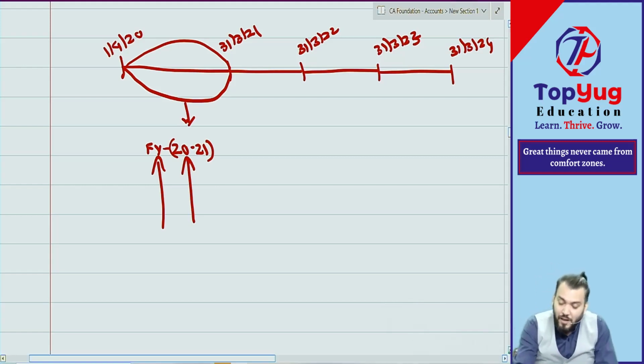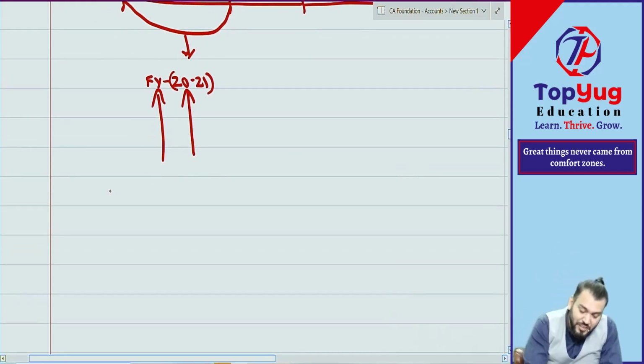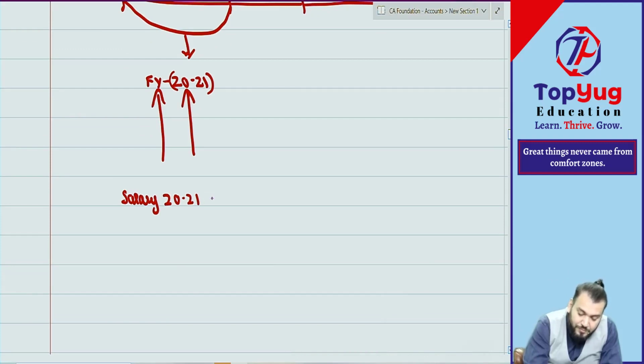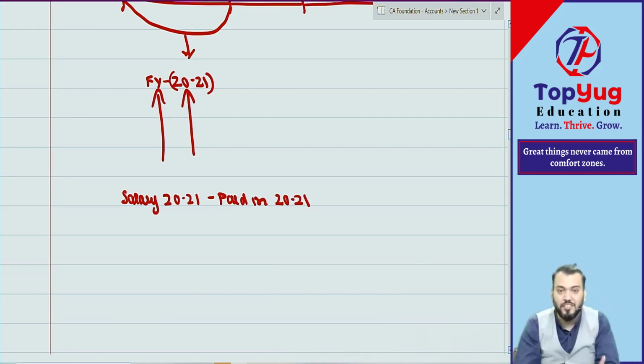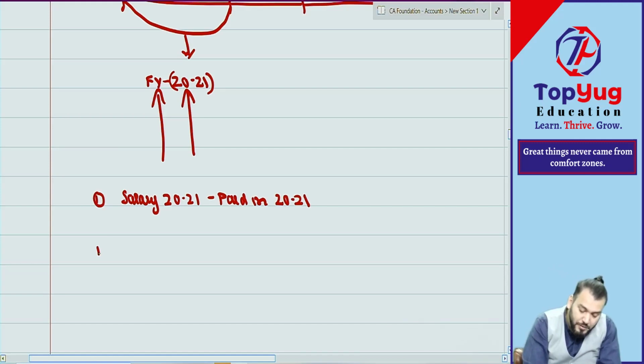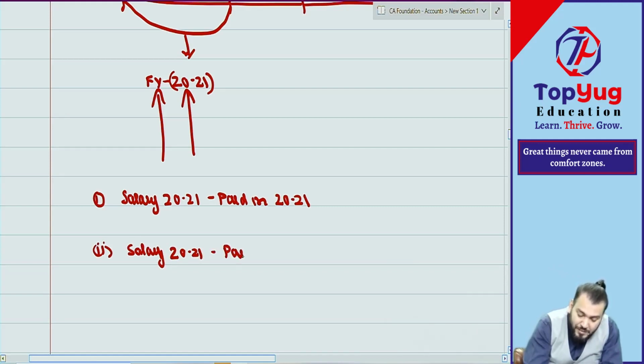Correct? Now, everyone, just try to understand. Salary of 2021 paid in 2021, first transaction. Correct? Second, salary of 2021 paid in 2021-22.